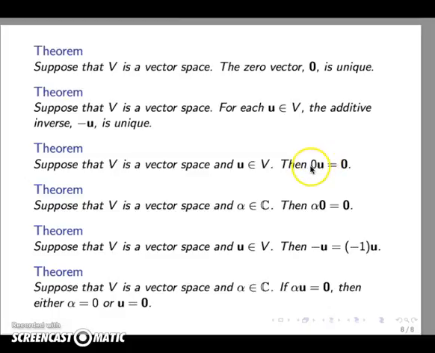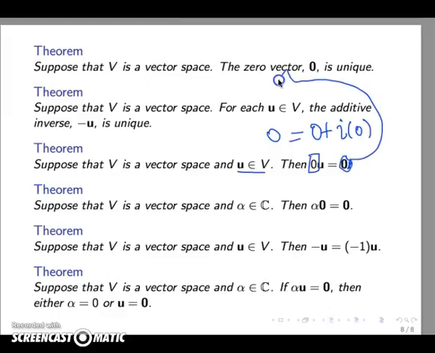In a vector space, the scalar 0 here is the 0 in the complex plane, so this is 0 plus 0i. That's what is considered 0 as a scalar. If you multiply that scalar by an arbitrary member of V, then you get the zero vector of V.